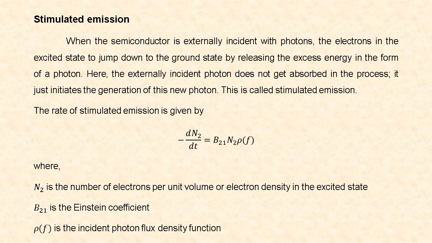It just initiates the generation of a new photon. This is called stimulated emission. The rate of stimulated emission is given by -dN2/dt equal to B21 × N2 × rho(F). Here N2 is the electron density in the excited state, B21 is the Einstein coefficient, and rho(F) is the incident photon flux density function.